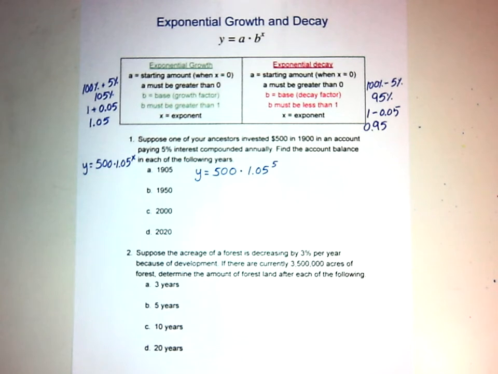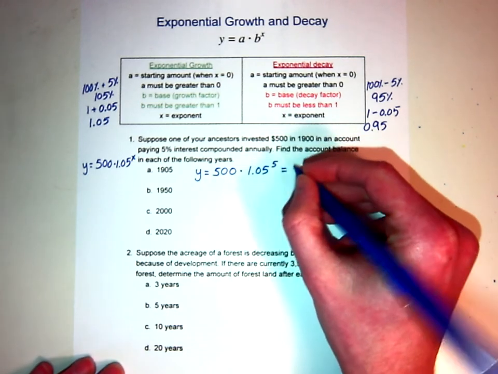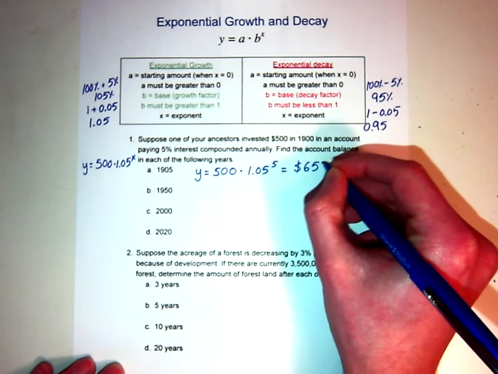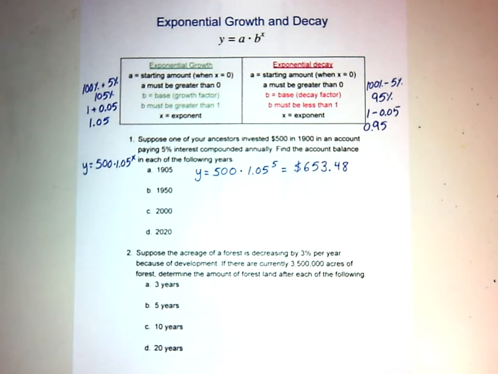That gets me $653.48. We round to the hundredths place since we're talking about money. Well, that's a pretty good investment. I wouldn't mind gaining $153.48 over 5 years. That'd be pretty nice.